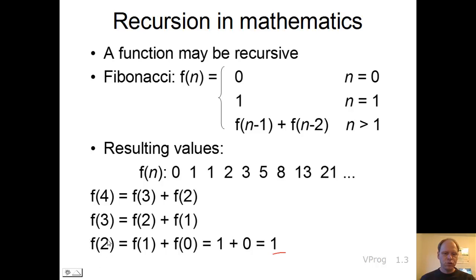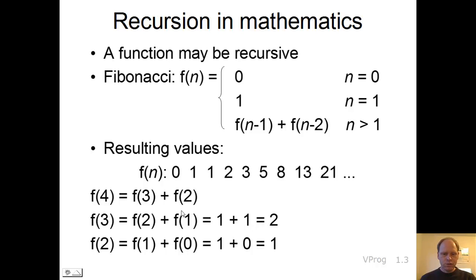So this recursion has finished, f2, and now we can continue with f3, because we were not yet finished with f3. We had suspended f3 in order to calculate f2. Now we can continue here because f2 is 1 and f1 is of course 1. So we get 1 plus 1 is 2.